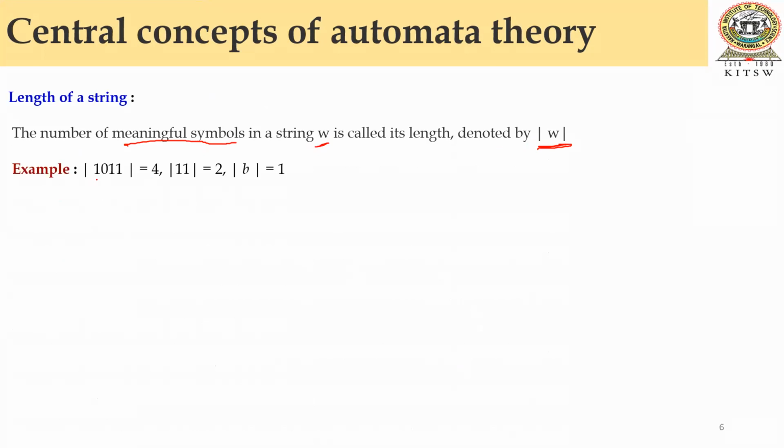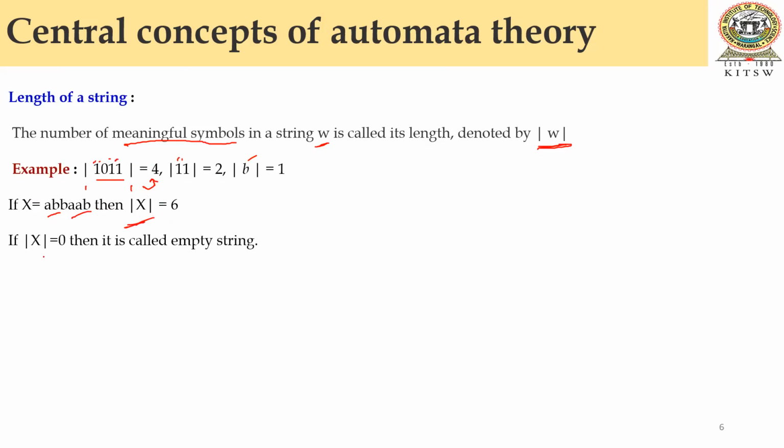If you write 1011 inside the length symbol, the length will be 4: 1, 2, 3, 4 symbols. If x equals abbaab, then the length of that string is 6. And if the length of the string is 0, then it is called the empty string, that is epsilon.